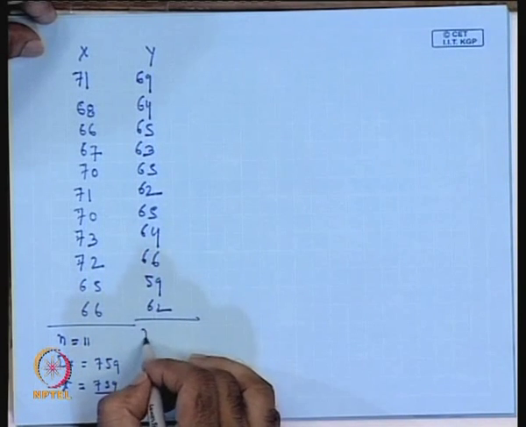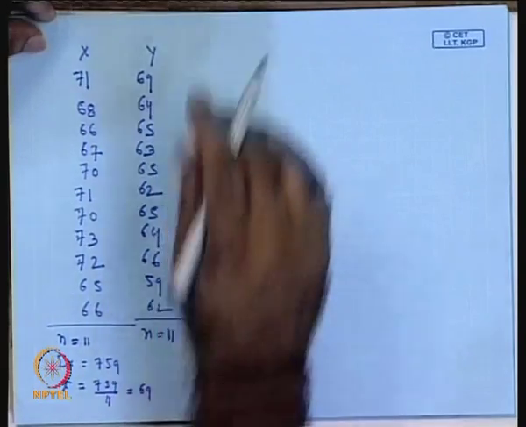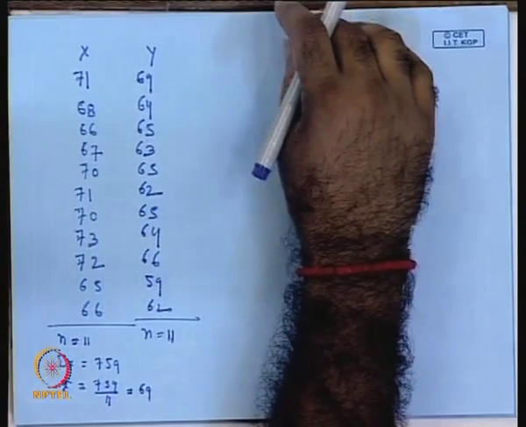So obviously n is 11 here, because in the very beginning I mentioned that if we go for variance, covariance, correlation and regression, the essential condition is that the sample observations must be the same and unique.